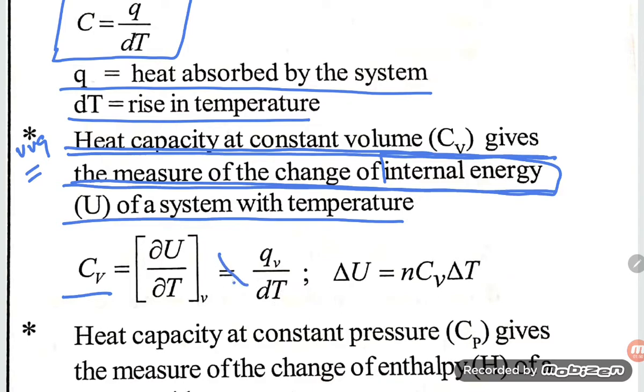If you cross multiply, you will get delta U is equal to Cv dT, because Cv is equal to dU by dT. So by the use of this relation you will get delta U is equal to n Cv dT.